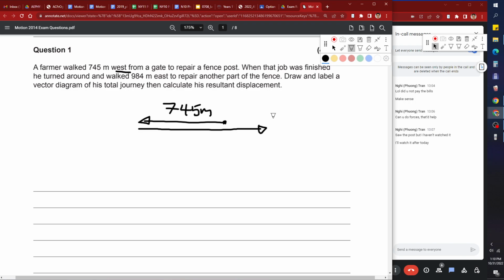Well, I like to draw the first one on top and then the next one just below it, so I know which one is actually the first one. So there's the start, goes here, he's at the west fence, then he starts to walk back east on the same path, okay, so this is just the same as just here. He walks east to repair that part of the fence, so now he's there.